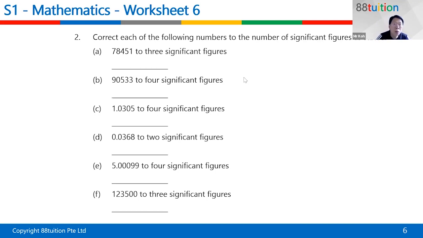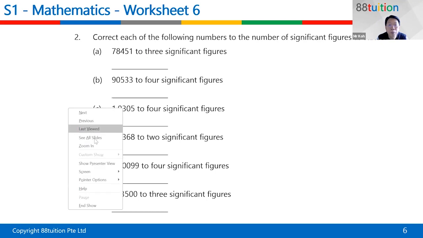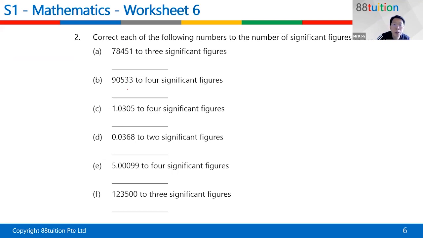So you got to be very careful. For instance, B, if you write 9053, yes, 9053 is correct, four significant figures. But you check back, the question is 9,000.